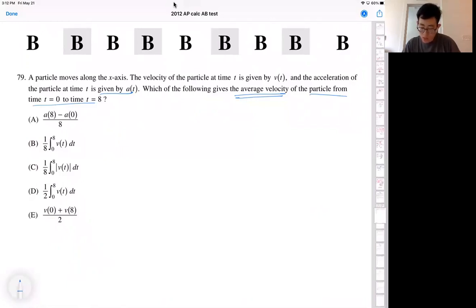So to find out what the average velocity is, normally what you do is you find out what we call the area under the curve. So the area under the curve of the v of t, all the velocities combined together, will give you that. But to find out the average, we want to divide just by how many of those things were. The easiest way to indicate this is the average of velocity, average value of something.